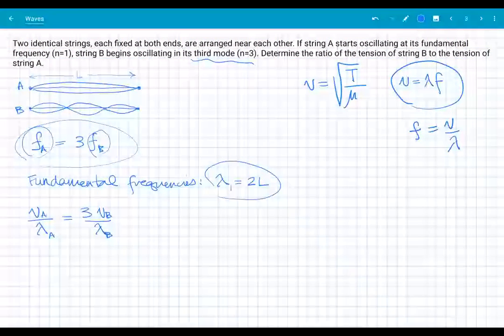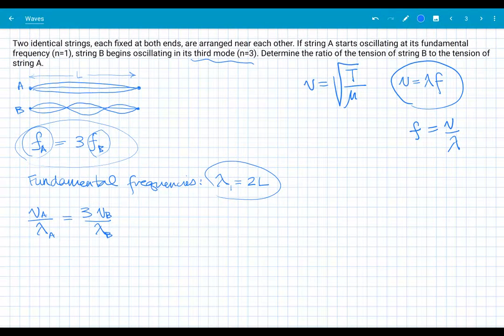It's super useful. If you know the fundamental mode of a standing wave system, then you can know all the other modes too. Once you know the fundamental mode, that's like the key that unlocks the rest of the pattern. So even though there are different ways to solve some of these problems, I try to model consistently how to leverage what we know about the fundamental in order to solve them.